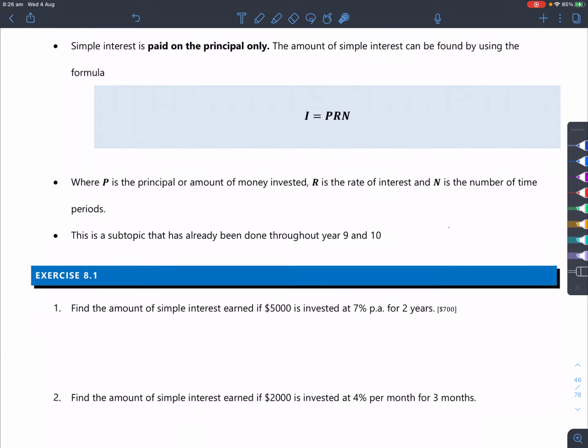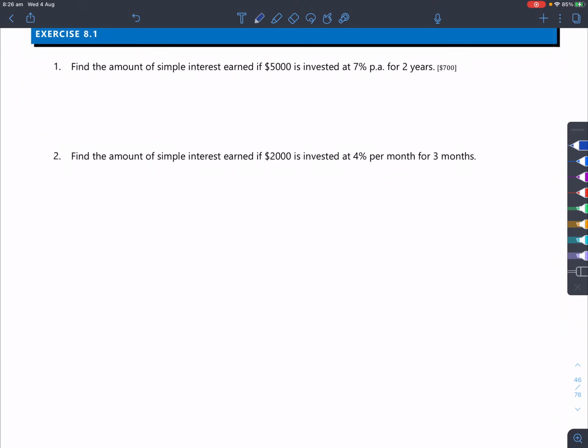Okay? So, question 1. Find the amount of simple interest earned if $5,000 is invested at 7% per annum for 2 years. What we're going to do here is use our formula I is equal to PRN. So I is equal to $5,000 times R, which is 7%, and I want you to write this as a decimal rather than a percentage, so write down 0.07.